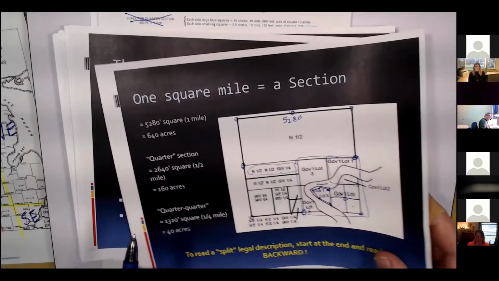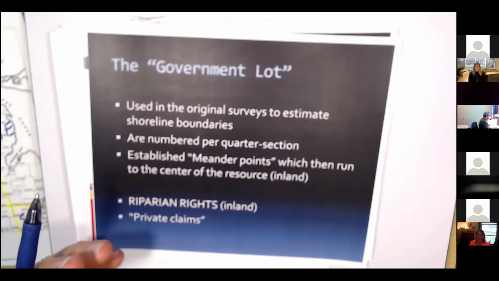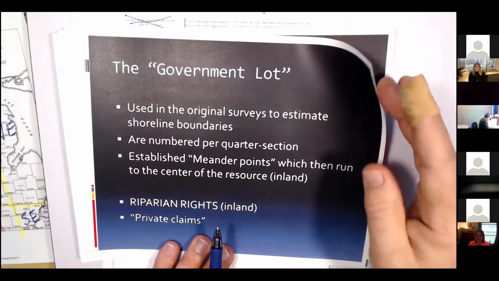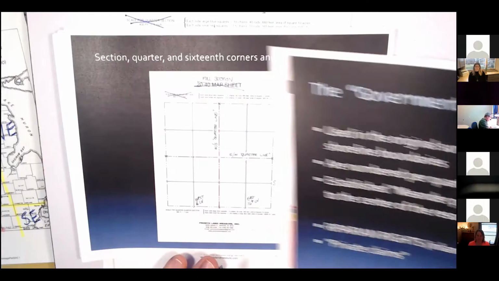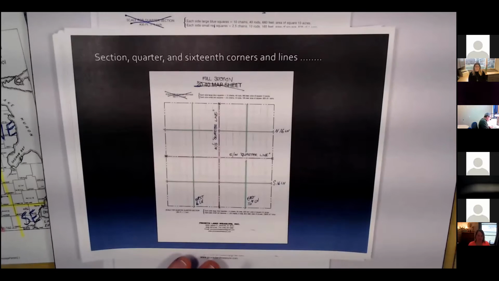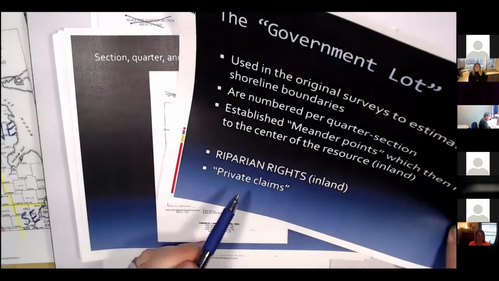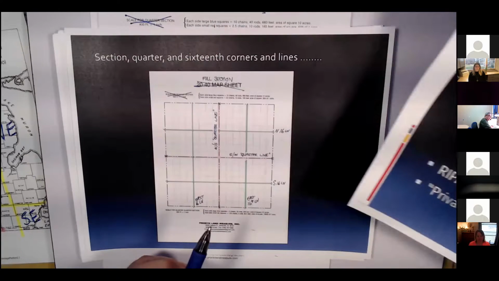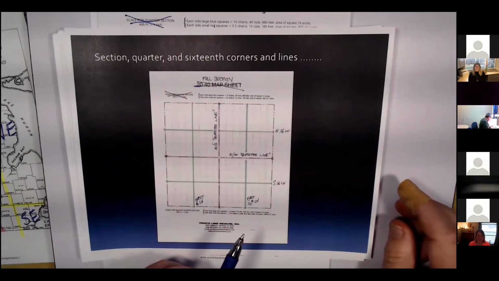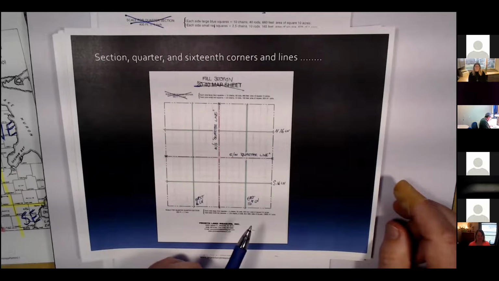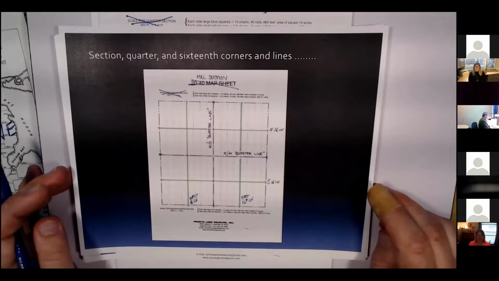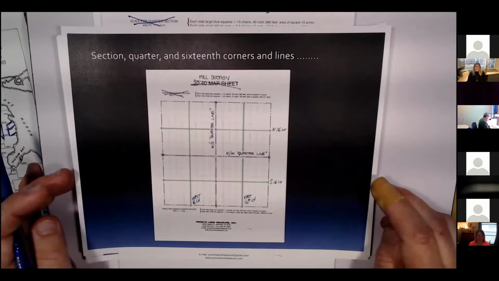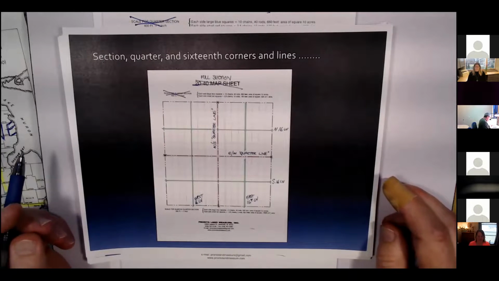So if you run into government lots, meander lines, meander points, at that point, you're pretty certain you're dealing with a waterfront piece of property. Riparian rights, which is the right to the land under the water, to use a pun, can get really muddy. So we're not even going to get into that today. You are going to run into, in your descriptions, things called section lines, quarter lines, and 16th lines and corners.